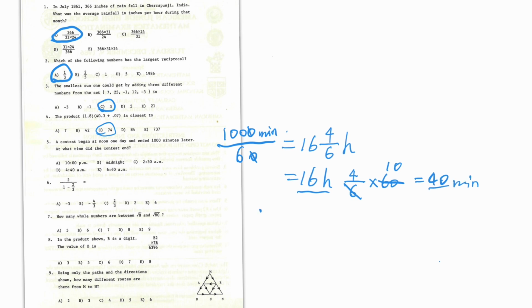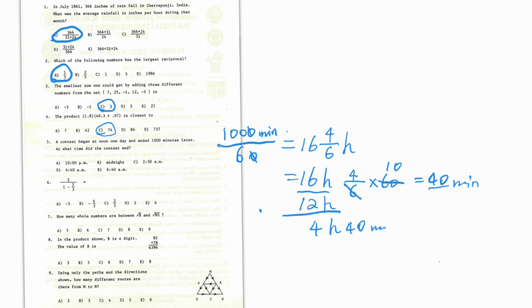From noon till midnight, that's 12 hours. 16 hours minus 12, that's 4 hours and 40 minutes left.